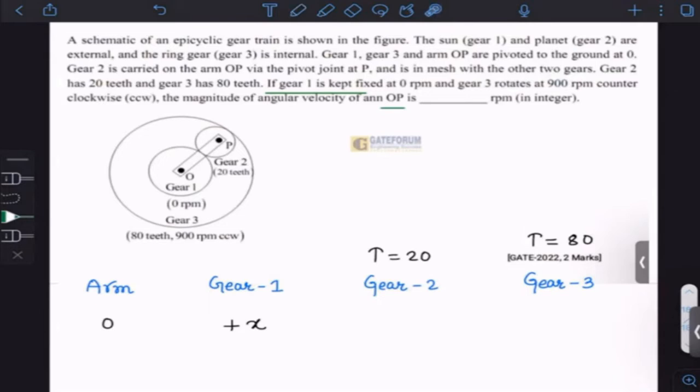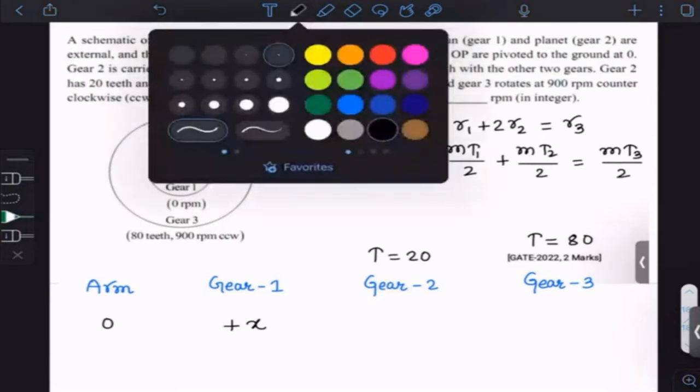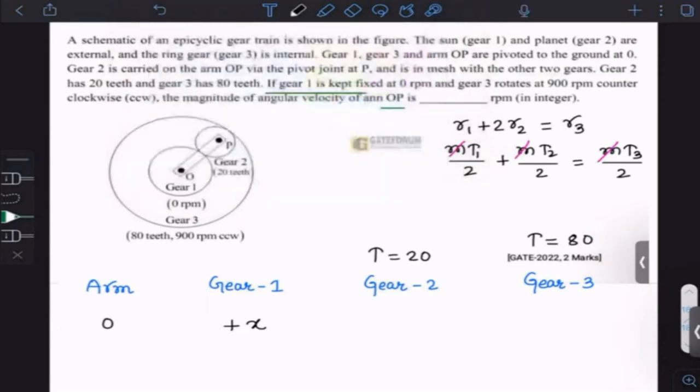See, we can do one thing, everyone. Because the number of teeth of gear 1 is not given, we can use the radii: R1 plus 2R2 is equal to R3. So we can write, with module m, m T1 by 2 plus m T2 by 2 plus m T2 by 2 equals m T3 by 2. The m cancels, and the 2 also cancels. So T1 plus 2T2 is equal to T3.